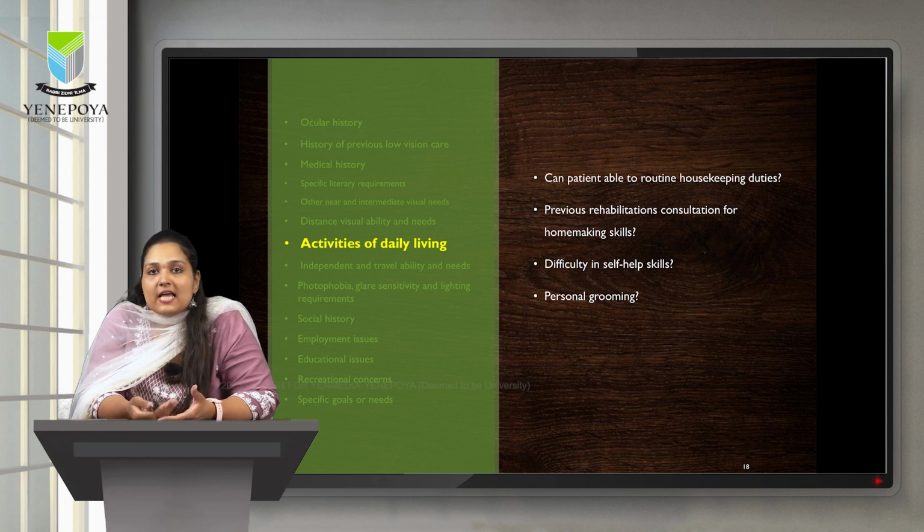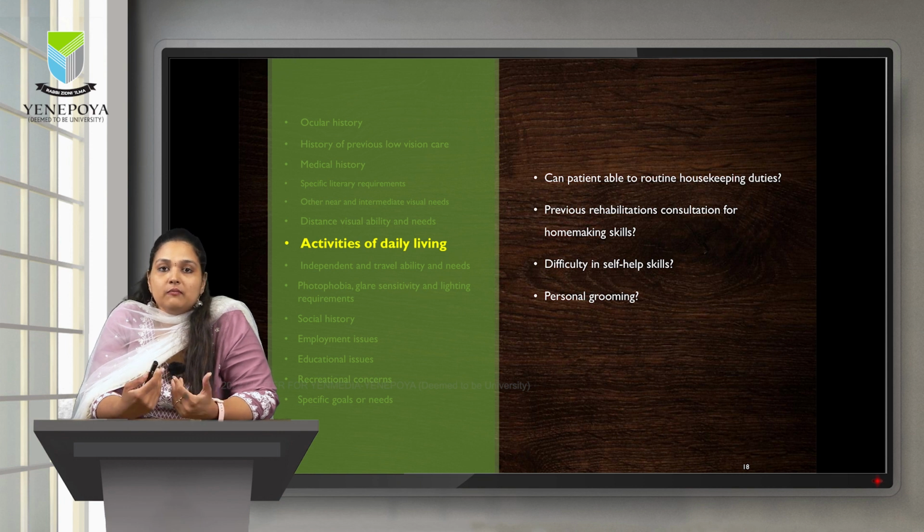Then difficulty in self-help skills or personal grooming. Personal grooming is combing their hair, or their daily wear, how they are wearing. All this comes under personal grooming, whether they are doing it alone or with the help of someone else.